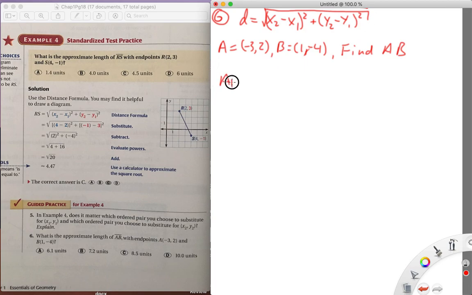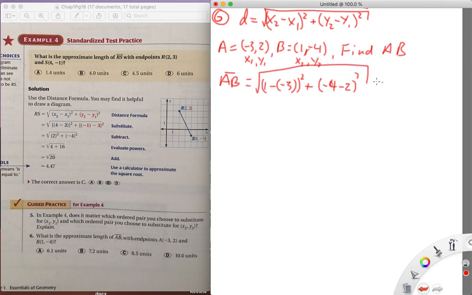So AB, the distance of AB, is equal to, I'm going to call this my x1 and my y1, and I'm going to call this my x2 and my y2. So that's going to be 1 minus -3 squared plus -4 minus 2 squared.